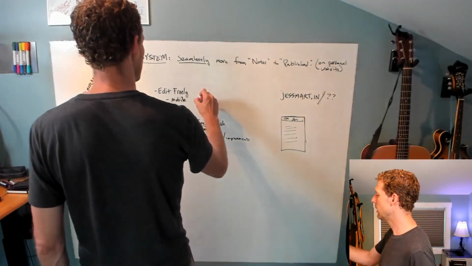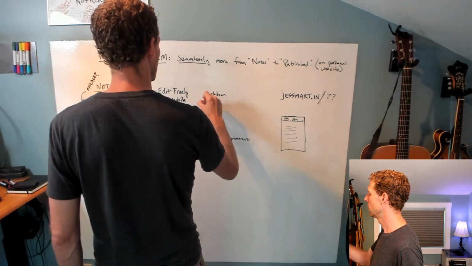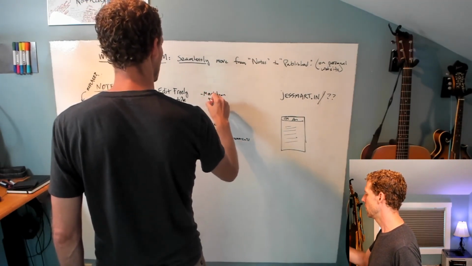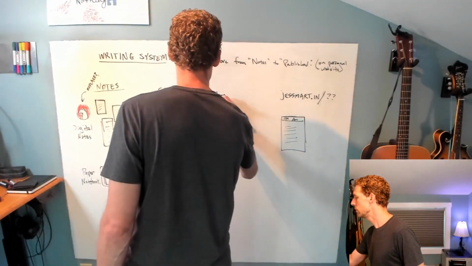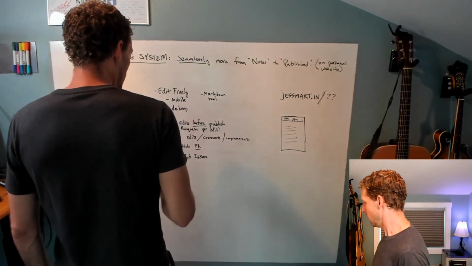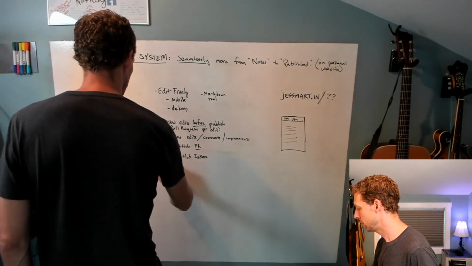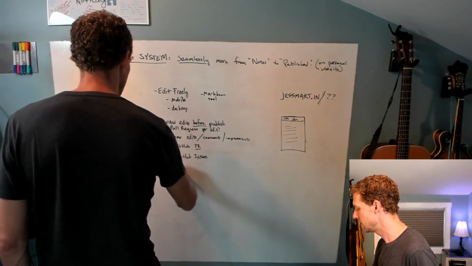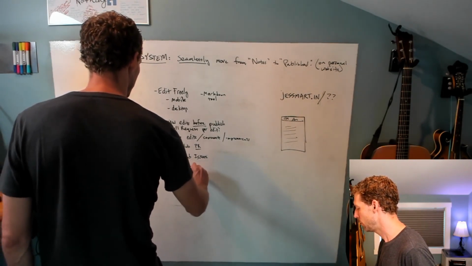In terms of being edited freely, I want some kind of Markdown tool, because Markdown is my writing tool of choice. And then ideally I'd be able to publish from mobile.